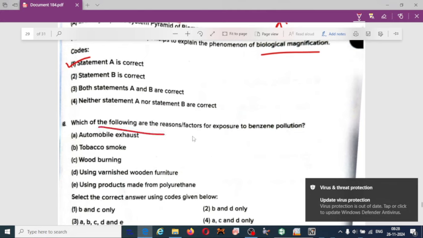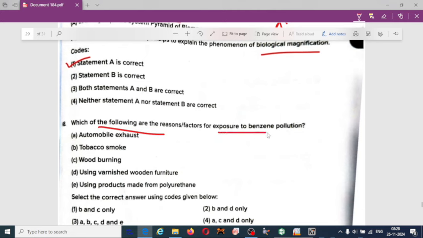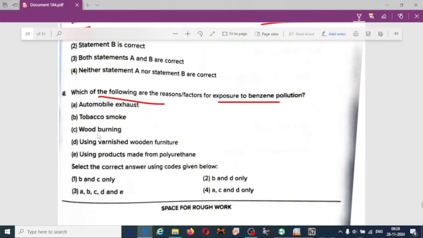Which of the following are the reasons or factors for exposure to benzene pollution? Automobile exhaust, tobacco smoke, wood burning, using varnished wooden furniture, using products made from polyurethane. Select the correct one. Benzene pollution they are asking.